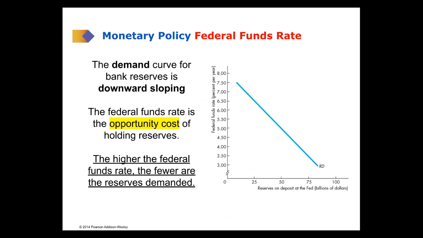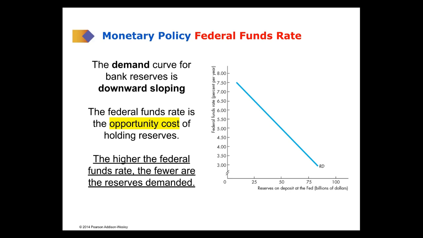So this is a demand curve for reserves. The demand curve for banking reserves is downward sloping like all demand curves. The higher the federal funds rate or the price, the fewer are the amount of reserves demanded, and the lower the federal funds rate, the more reserves are demanded. And so the federal funds rate, in a way, is an opportunity cost for holding reserves.